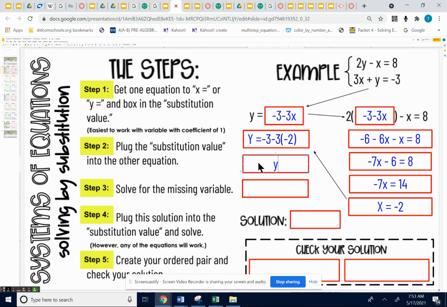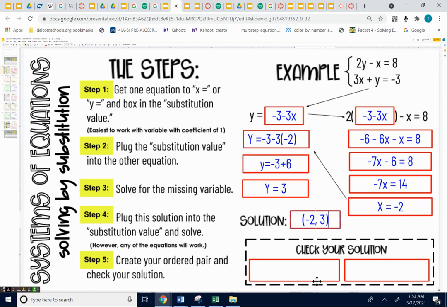So I end up with y equals negative 3 plus 6. Then y equals positive 3, because negative 3 plus 6 is positive 3. Now I have the answer. My x coordinate was negative 2, my y coordinate is 3. So my solution is, putting the x coordinate first, negative 2 comma 3.